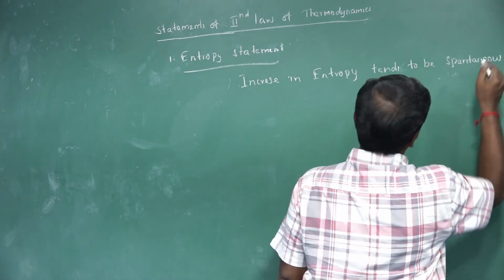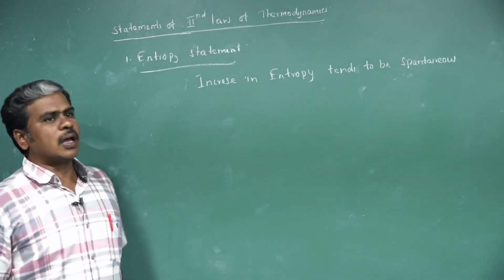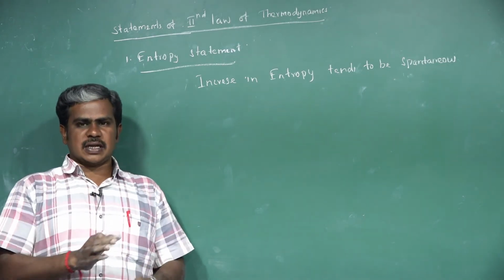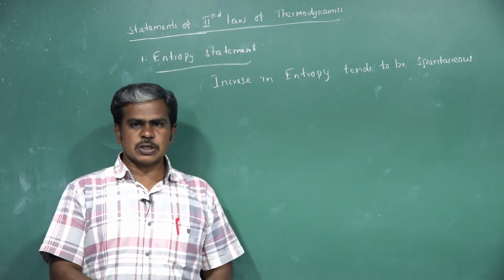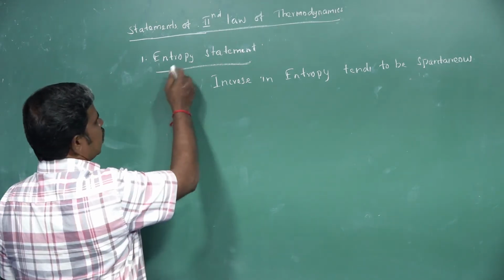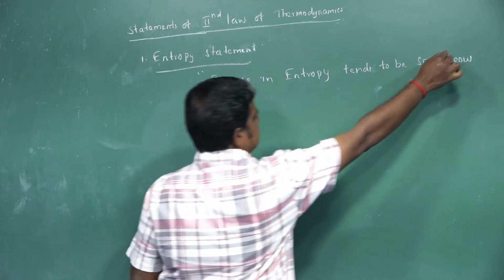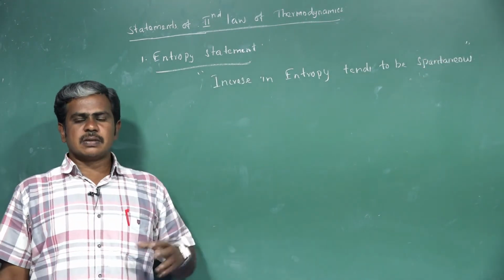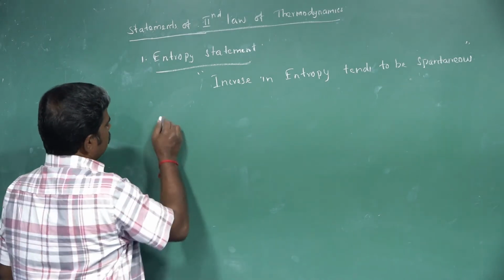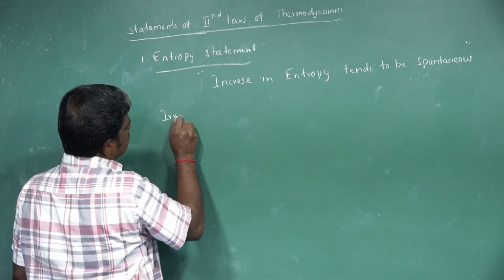So for a spontaneous process, the entropy should increase. If an increase in entropy tends to be spontaneous, then it is nothing but the entropy statement. Now consider the irreversible process.